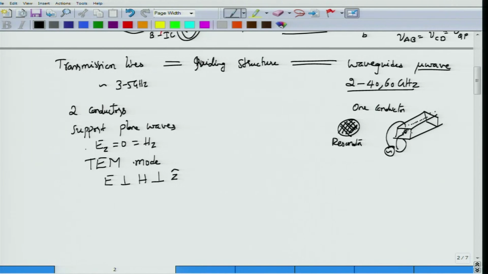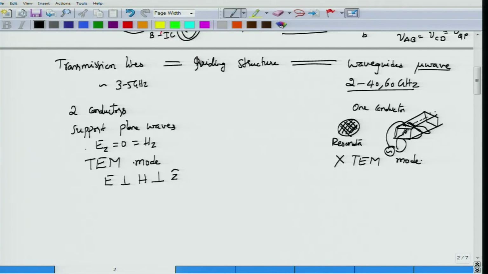Most waveguides, at least the metallic waveguides that I am showing here, consist of only one conductor. Why do we say one conductor? Because everything here is made up of only one metal, and there is only one continuous conductor out there. Made out of one conductor, they do not support TEM mode.